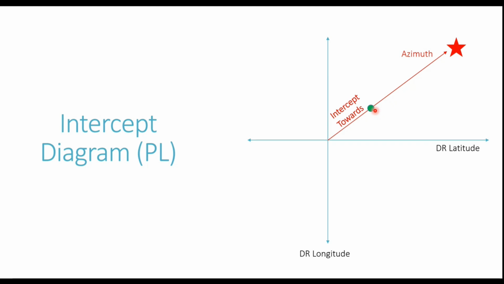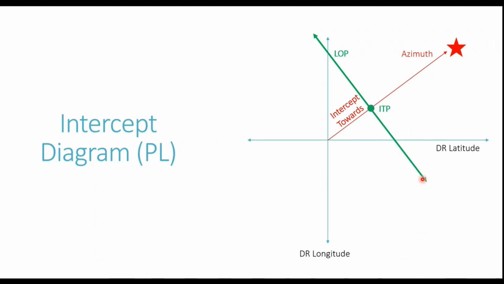Now this is the point from where the position line will be passing, and the direction of the PL, as always, will be perpendicular to the azimuth of the body. So this is the ITP, the intercept terminal point. And we have the PL also plotted on the diagram now. The green line with the double arrows marked on both ends is our position line.